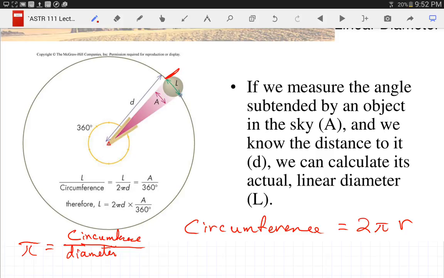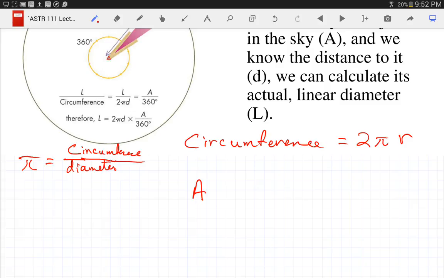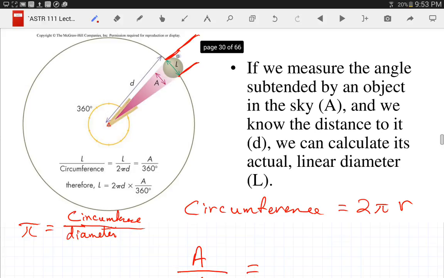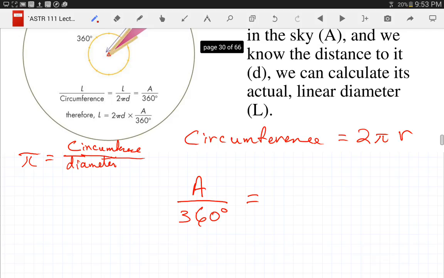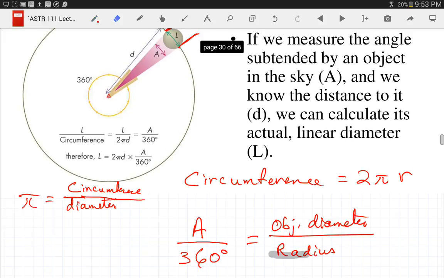Now, if we have an object with a diameter of L, and we measure the angle of that object, A, then we can relate the angle of the object divided by the total angle for a circle, 360 degrees, to the object diameter divided by the circumference of the circle.